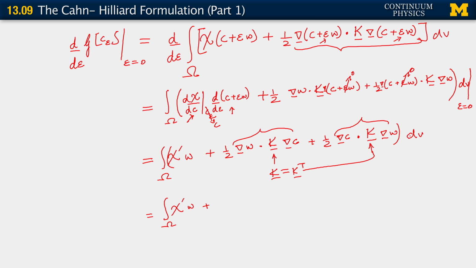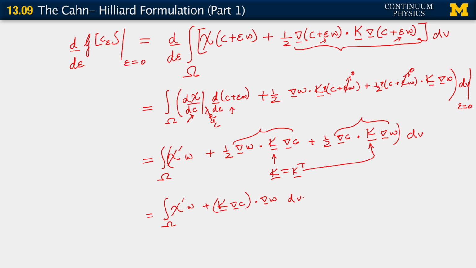If k is a symmetric positive definite tensor, we can combine those two terms and write k grad C. K is a tensor acting on grad C, which gives us a vector, dotted with grad w. So that is the variational derivative.